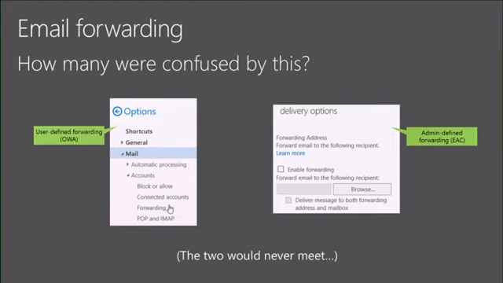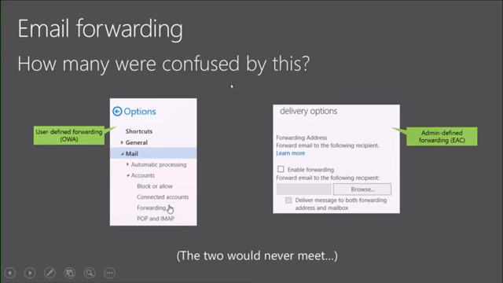The funny thing about these two settings is that they would never meet. You could have forwarding in two different places, and people wouldn't necessarily know. What was kind of crazy is that this particular checkbox, deliver messages to both forwarding and email address, was shared between both. So anyway, it was very confusing.